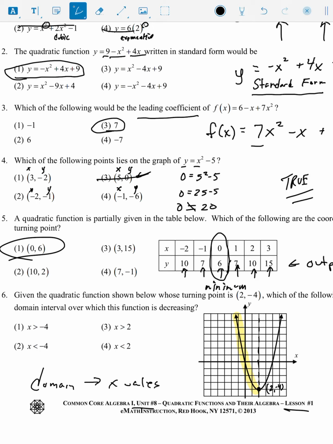And in this case, our x value is 2. Now, I know that all x values that are less than 2 include this graph when it is decreasing. Therefore, when x is less than 2, the graph is actually decreasing. It's moving down from left to right.